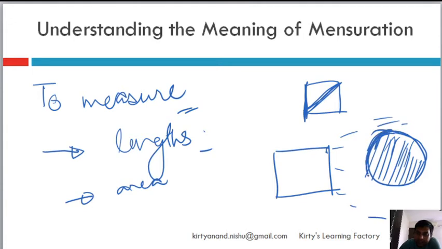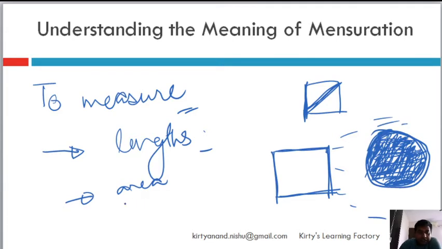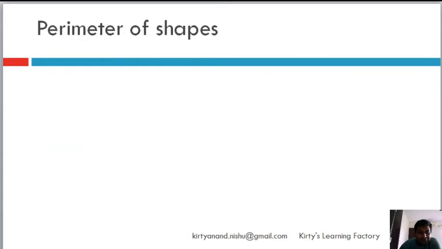Whatever region is inside the boundary of the figure, and whatever area it covers, this whole thing is basically known as area. In Hindi it is also known as kshetrafal. So this whole thing is area. That's the area covered. Okay, we are covering this much area. That is what we will do.